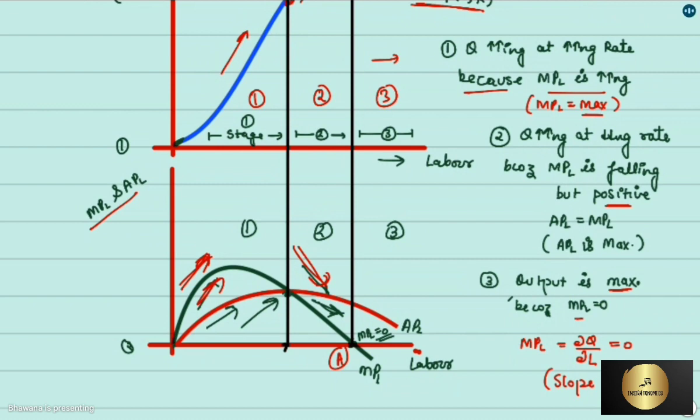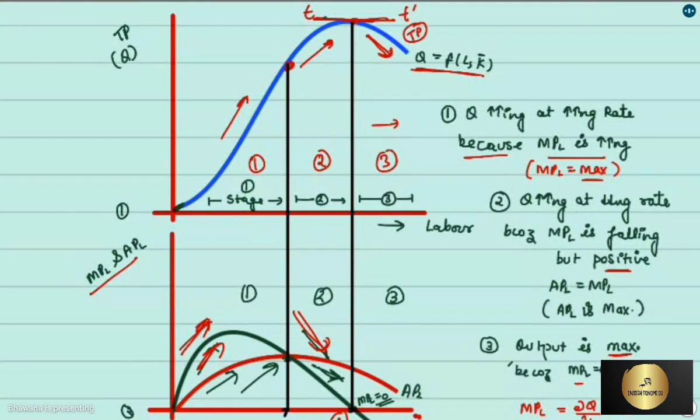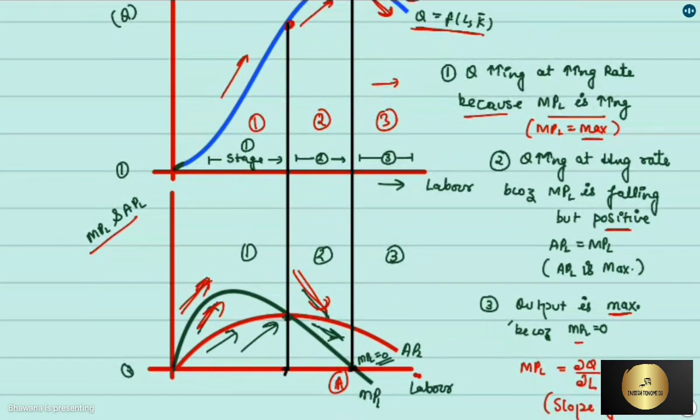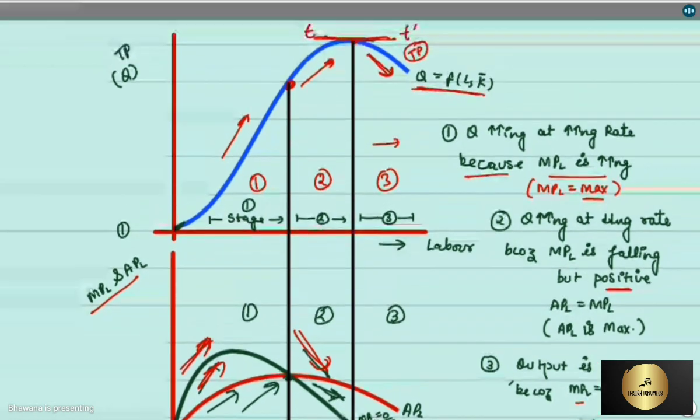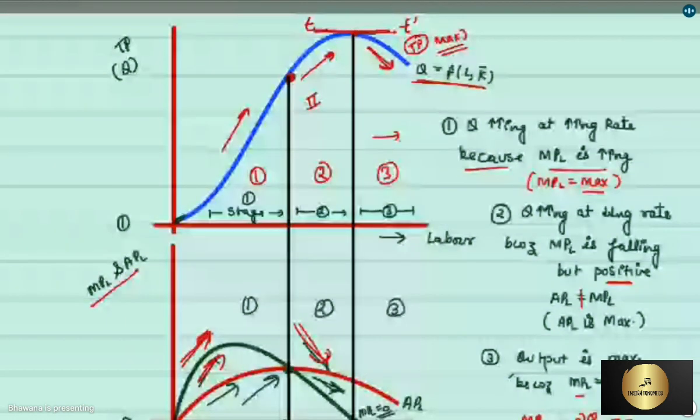So for a rational producer, stage 2 is the optimum situation to produce an output using labor keeping capital factor constant. A rational producer will produce until point A when your MPL is equal to 0 and total product is maximum. Okay, so this second stage depicts the law of diminishing marginal returns.